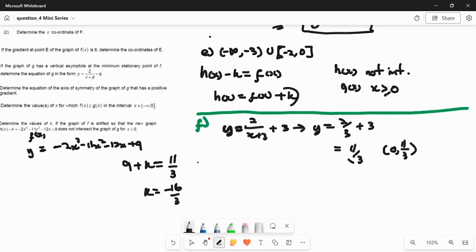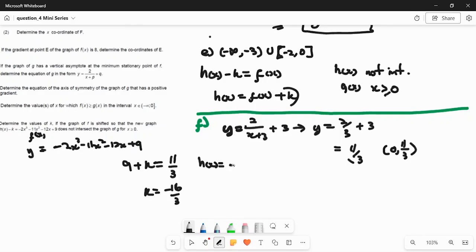So in order to make h of x, let's just say my y-intercept of this function, for it to be at that value, in other words, I'm rewriting this.